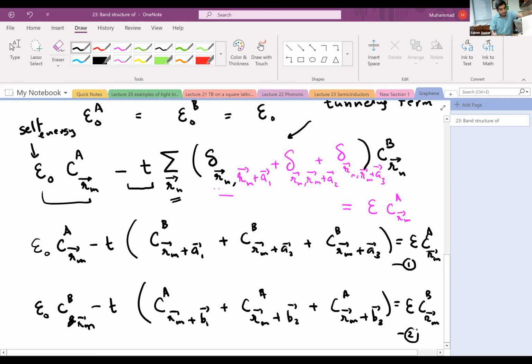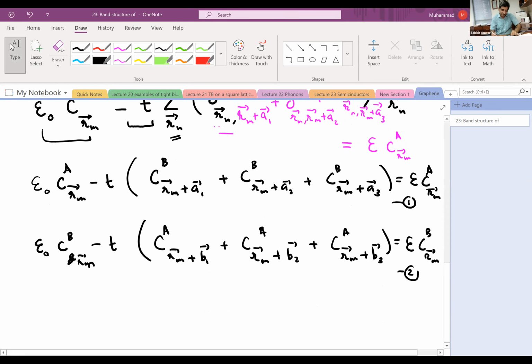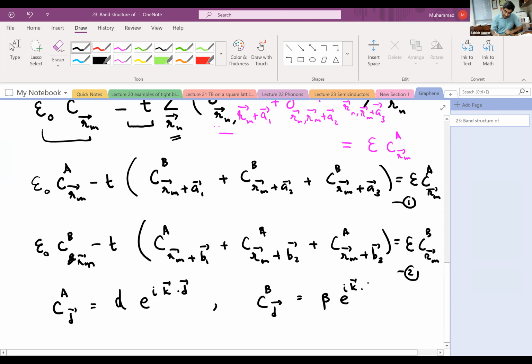Now I need a trial solution for this. All right. And the trial solution goes as follows. So my ansatz is now that C, any vector d on atom A has some amplitude. Let's call that amplitude alpha, e^(ik·d). Likewise, C, any displacement vector d on atom B is given by another amplitude beta, e^(ik·d).